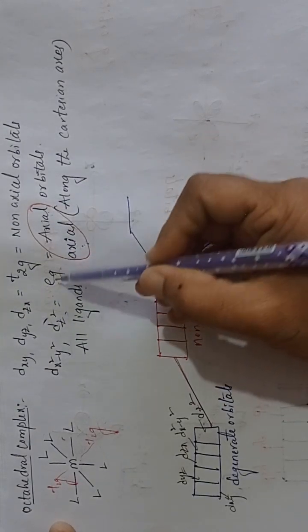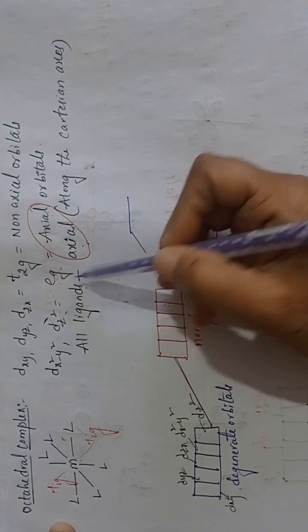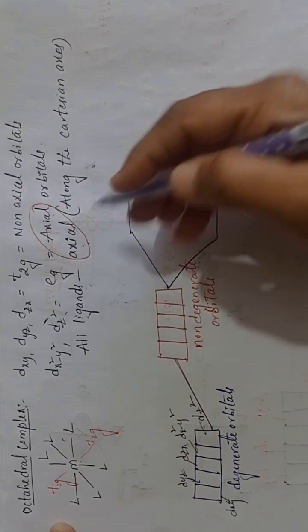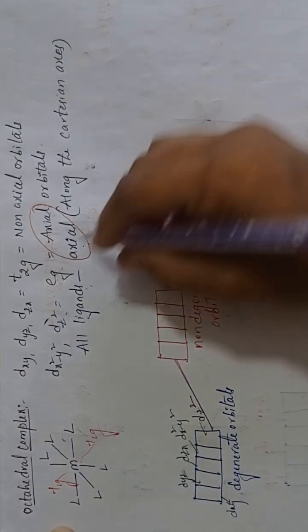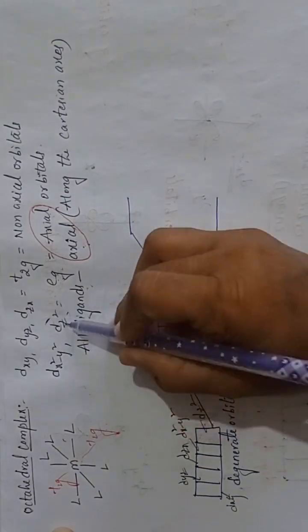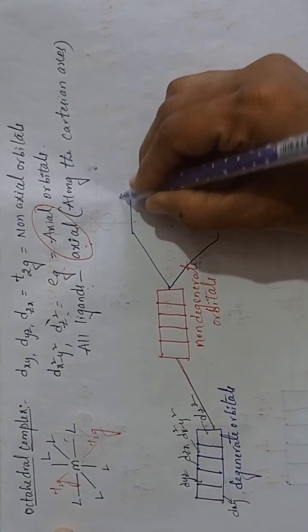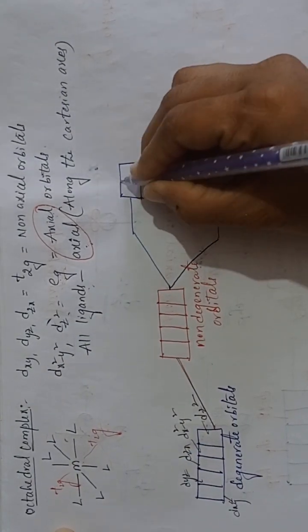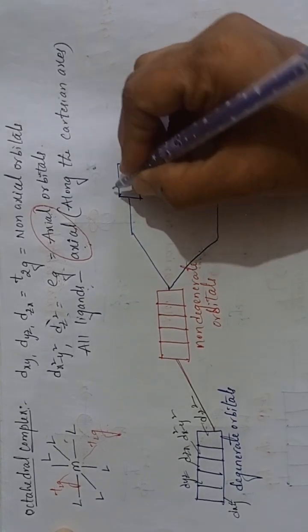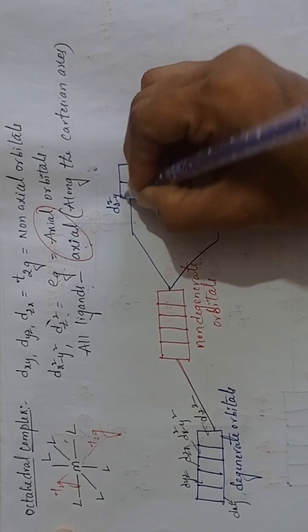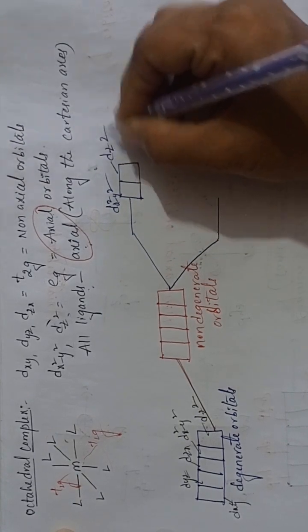That's why Eg orbitals are strongly repelled by the ligands, and their energy is increased. That means Eg orbitals go up. Eg means two orbitals: dx square minus y square and dz square. So I am taking two orbitals here. This one is dx square minus y square. This is dz square.